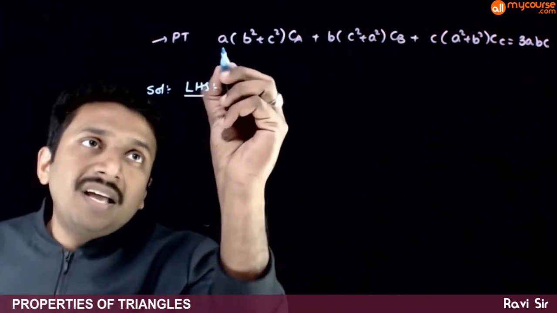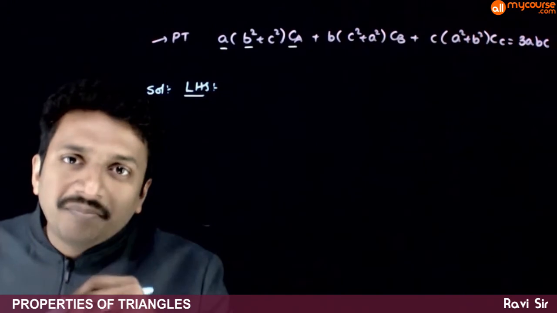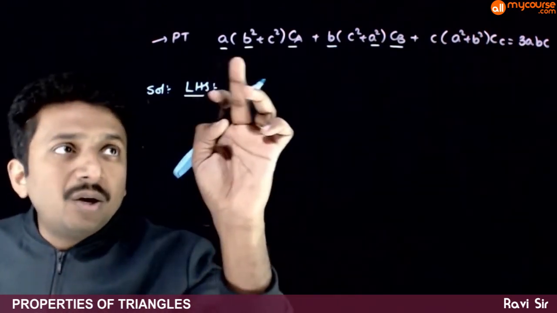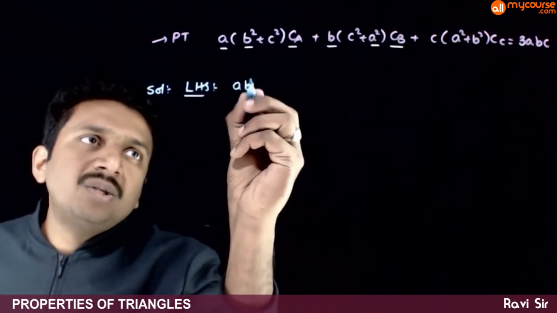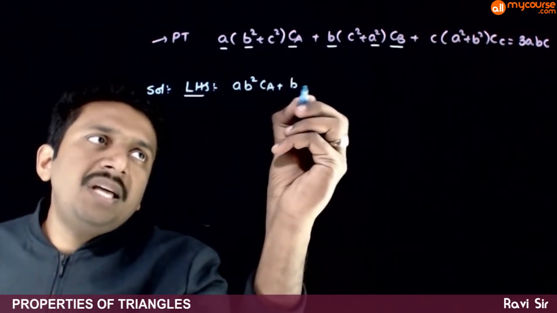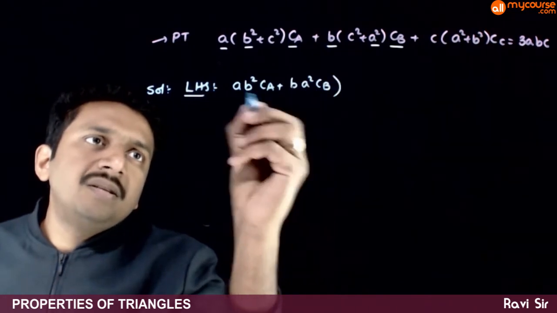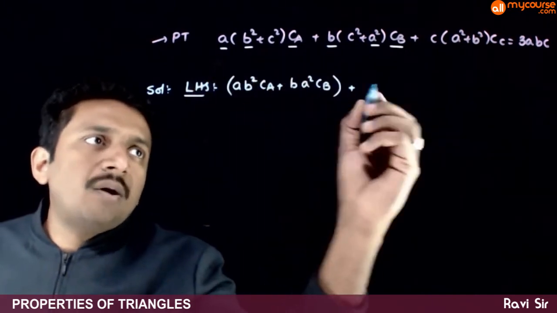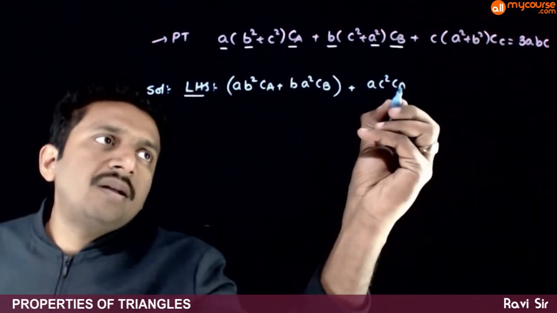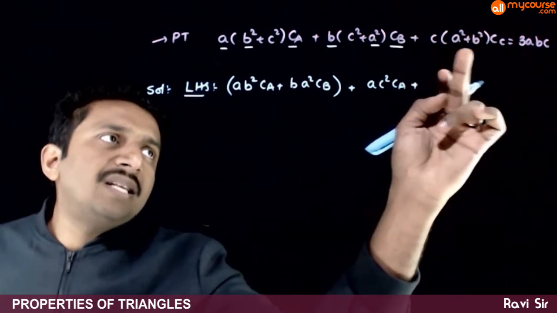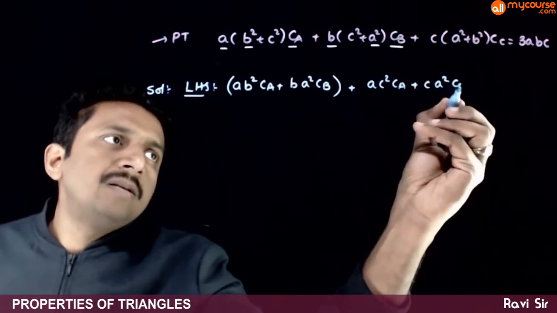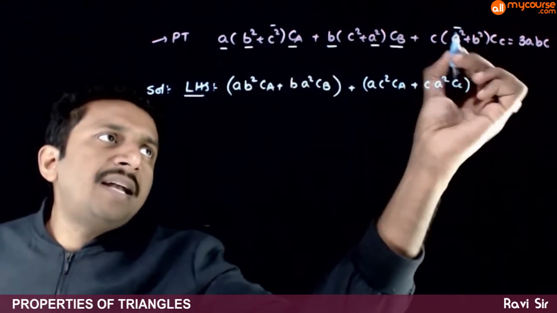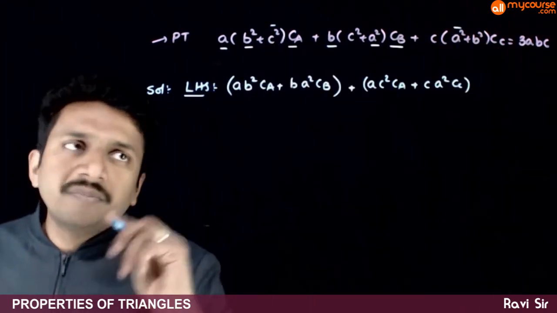So what I do is AB square cos A plus BA square cos B. So I'll group these two terms, plus AC square cos A plus CA square cos C. So I'll group these two terms.